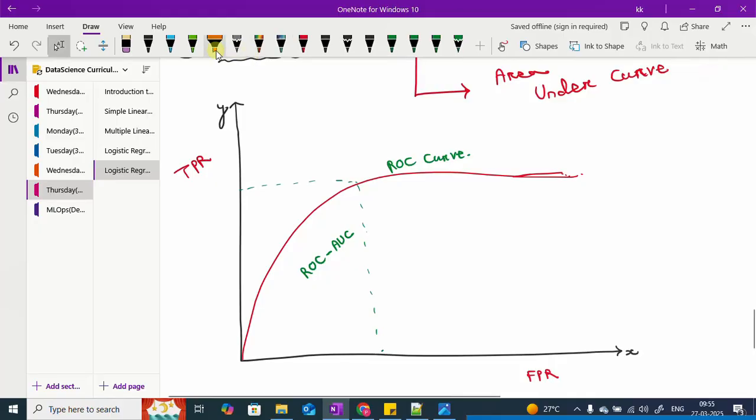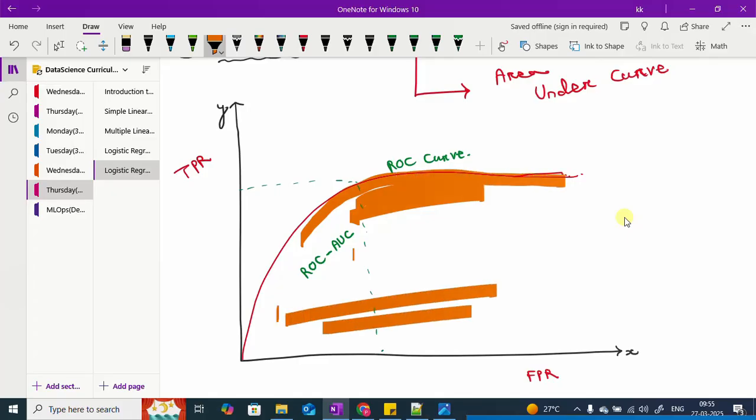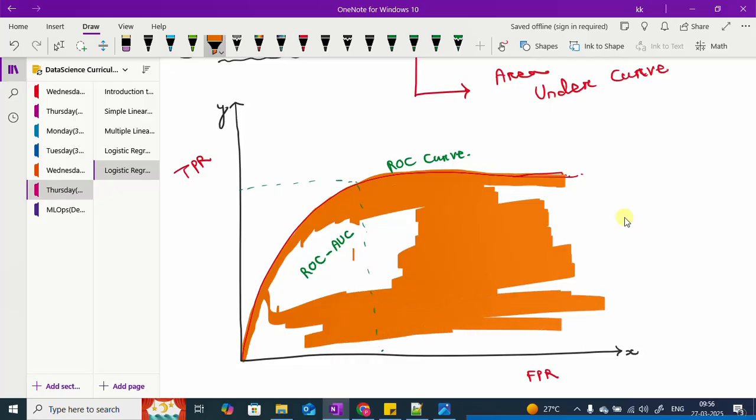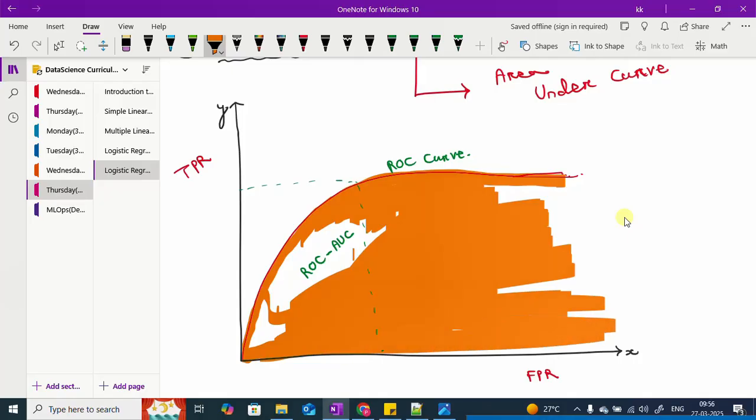Let me use the highlighter so that you get 100% clarity how it looks. So let me just mark it.